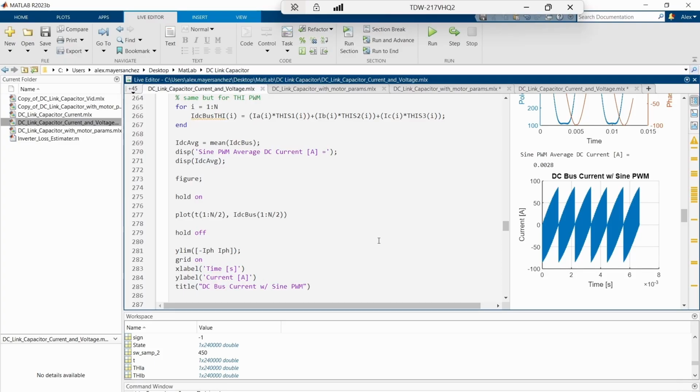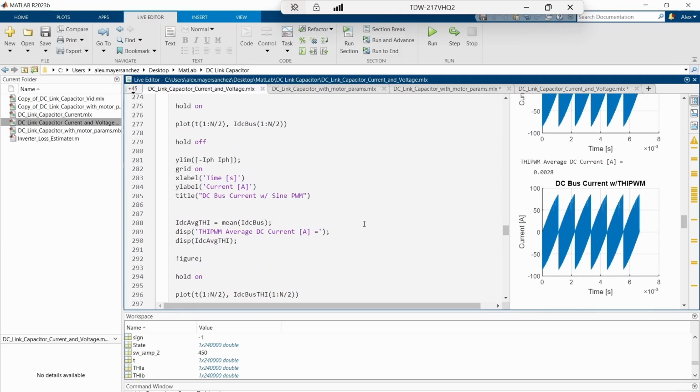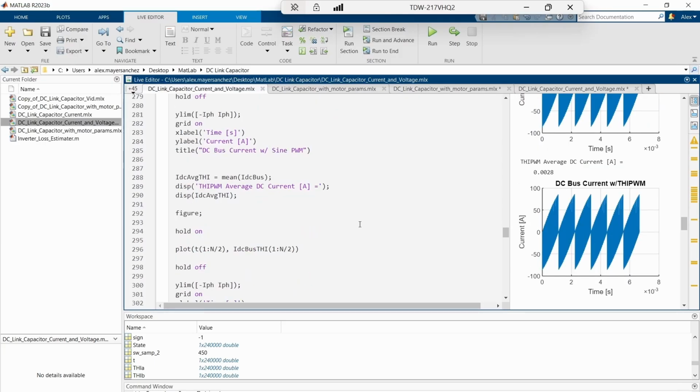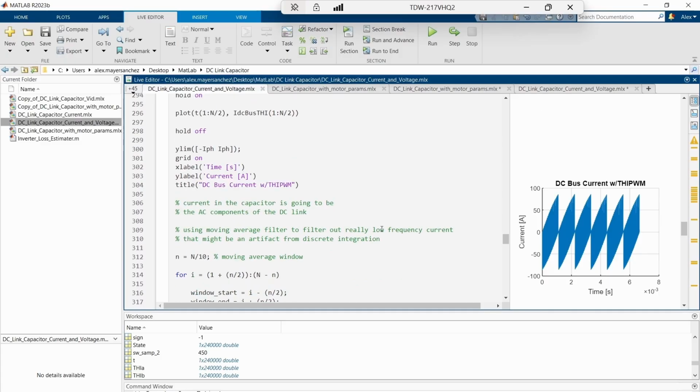So the total current in on the DC bus is equal to the DC component plus the AC component. The point of the DC link capacitor is to handle all of that AC component of the current, because you don't want an AC current coming from your DC battery, since that's going to cause a lot of extra heating and be very dangerous for your battery.